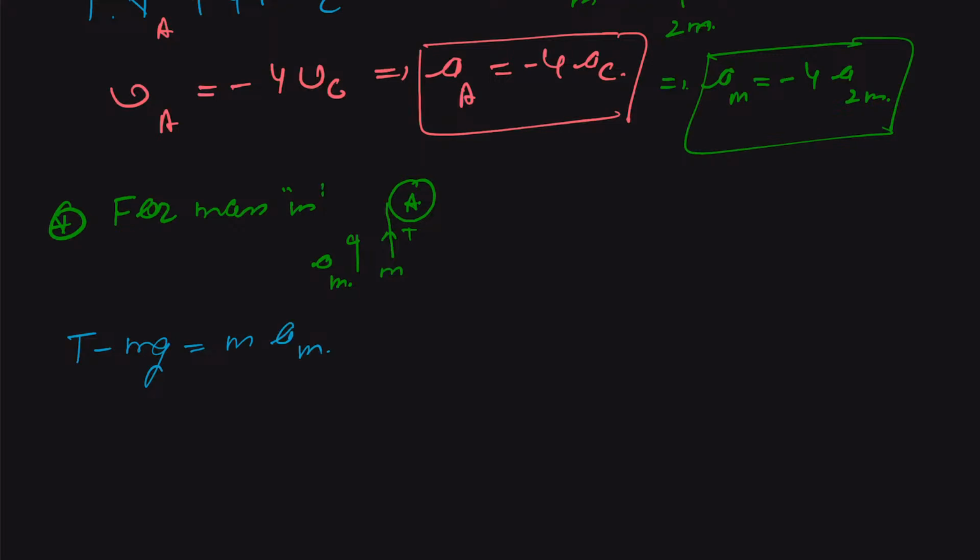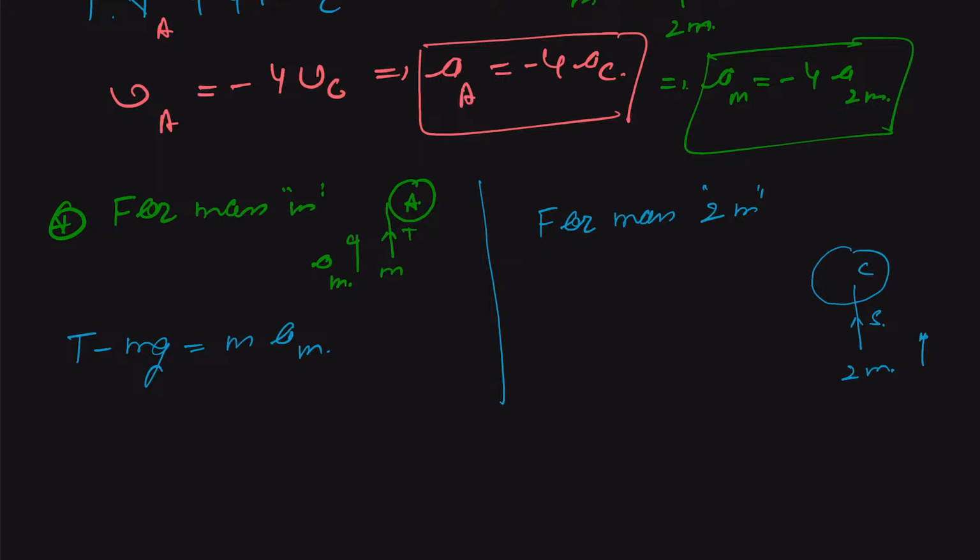Okay. And similarly, we can write for mass 2m, and 2m is connected to our C. So this is pulley C, and let us suppose here tension is given as S, and this is our 2m, and here also let us assume it is moving in upward direction.